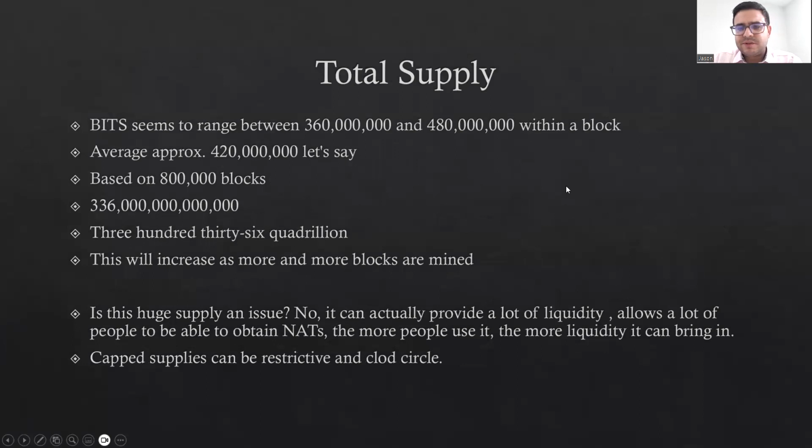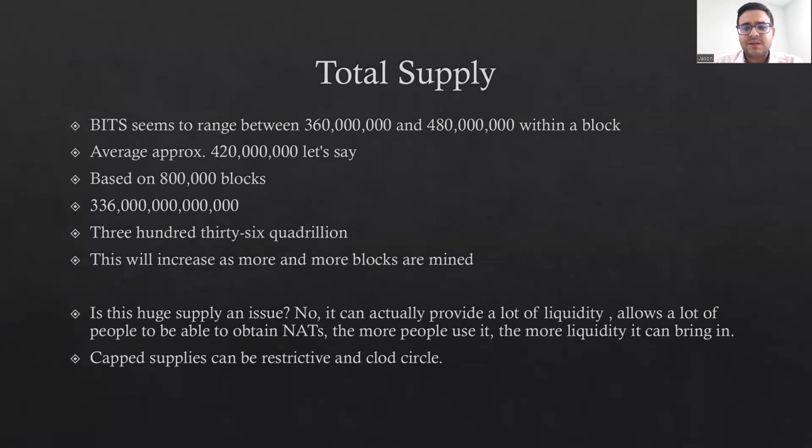So I tried to have a quick stab at this in terms of total supply, just to get an idea. Now, something that's really worth noting is that this will not have a closed total supply, because supply will be generated every time a new block is created. But I just wanted to have a bit of a stab at what we're looking at the moment, based on about 800,000 blocks.